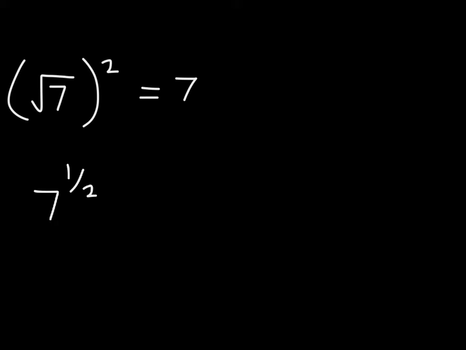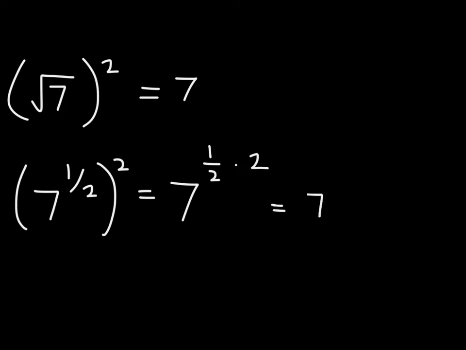That's a fractional or rational exponent. If I take this number and square it, I get 7 to the power of 1/2 times 2, correct? By the product rule of exponents, you would multiply these two powers, and you would then get 7 to the first power, which is just 7.